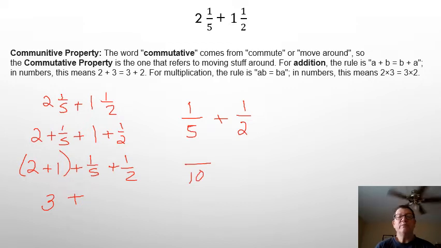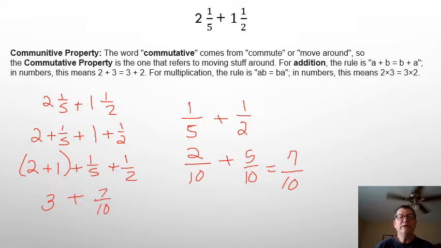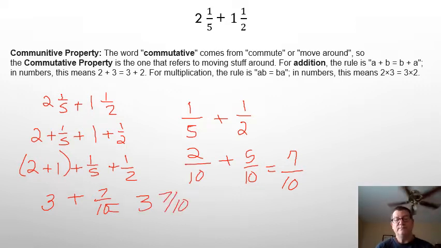Plus my half, I'm going to multiply by fifths. So 5 times 1 equals 5, and 5 times 2 equals 10. Well, that would equal 7/10. So now we have 3 plus 7/10. So our answer would be 3 7/10.